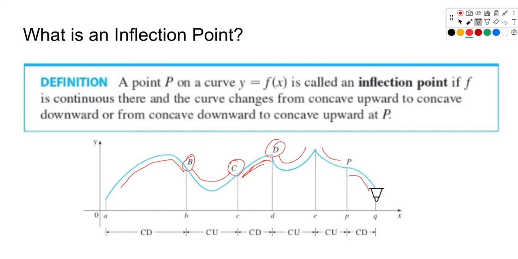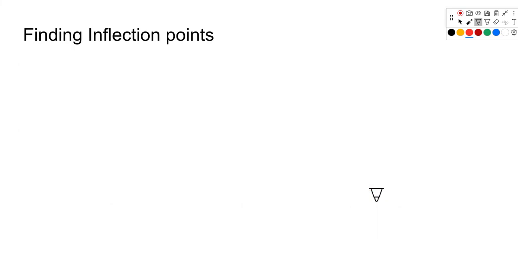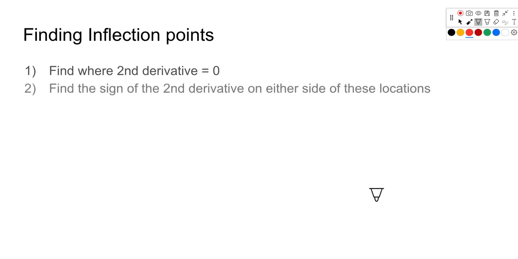So you'll be able to see them on a graph, but to actually find where that point is, we now have a tool, the second derivative. If the second derivative is 0, from the graph we could see about where it should be, but we can actually locate it exactly. So how do we find inflection points? Find where the second derivative is equal to 0, because where that happens, on one side it was probably positive and on the other it's negative. Find the sign of the second derivative on either side.